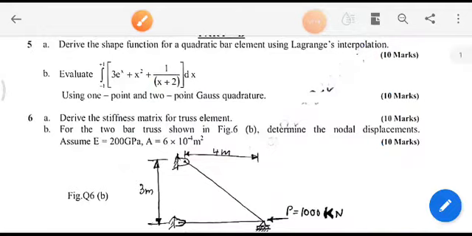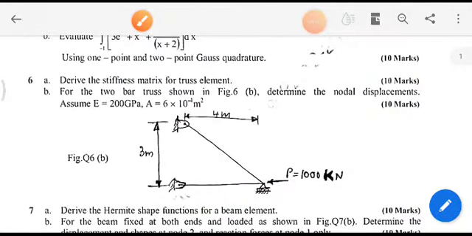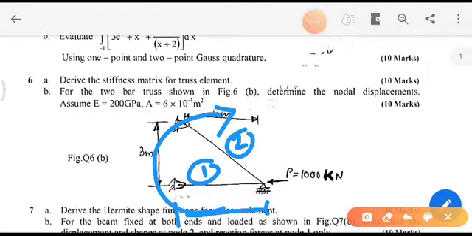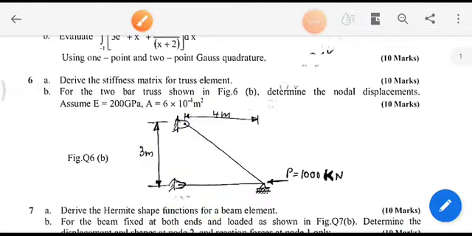So cross sectional area is nothing but 600 millimeter square. In this problem, suppose this is the first element and this is the second element. The length of the first element, which is given here, is 4 meter, which is nothing but 4000 millimeter.